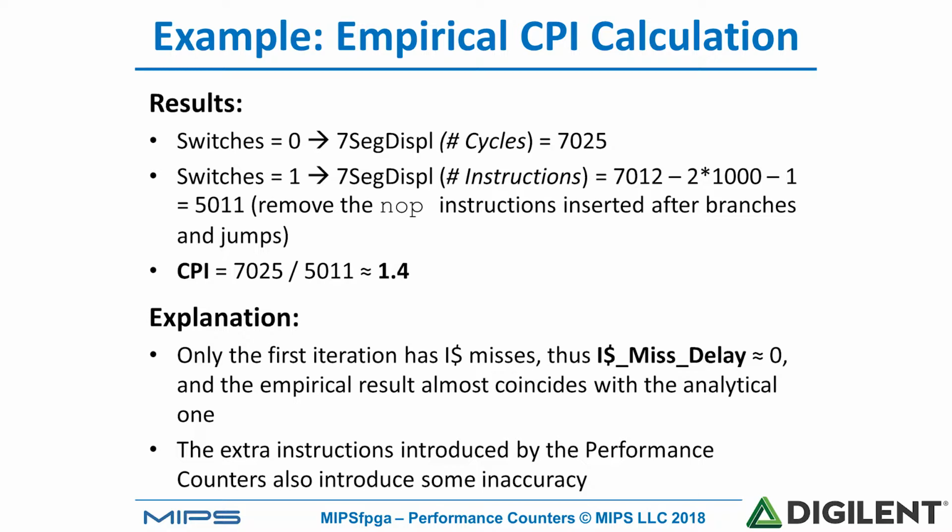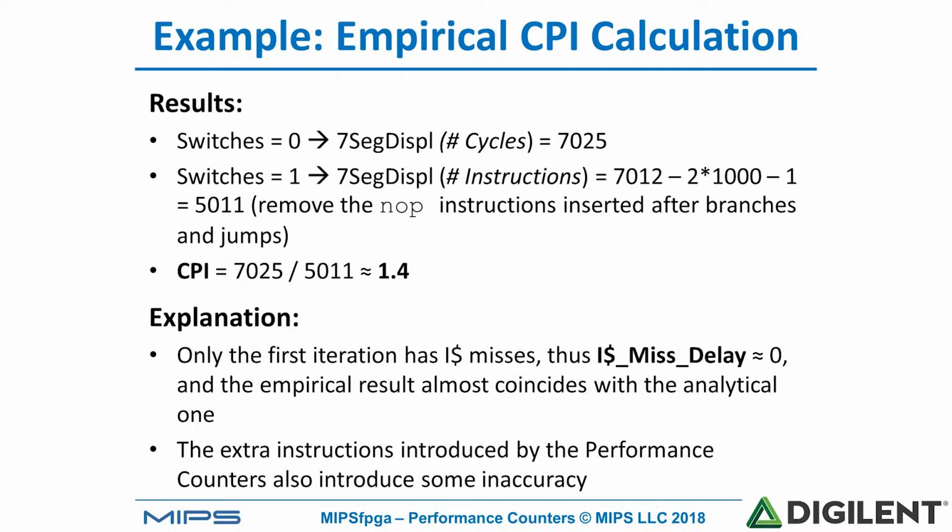The CPI that we measured then using the performance counters was about 1.4, pretty close to the number that we got analytically. We can also consider the instruction cache misses, but it's such a small program that after the first iteration, there are no instruction cache misses. So it allows our empirical result to coincide almost exactly with our analytical result.